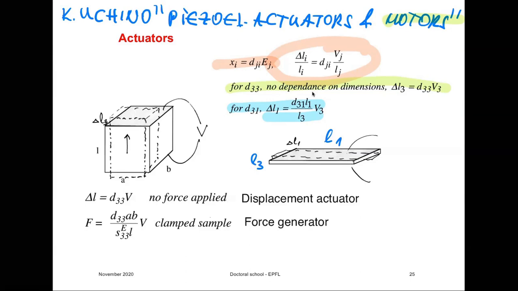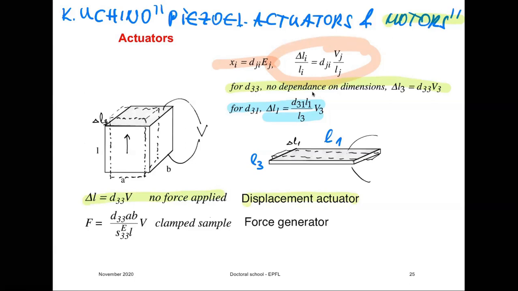If there is no force applied, if it is a free actuator, you would in fact get displacement directly proportional to the voltage. That is a displacement actuator, and that would be used to move objects which are not fixed, light objects, light in optics, and so on.